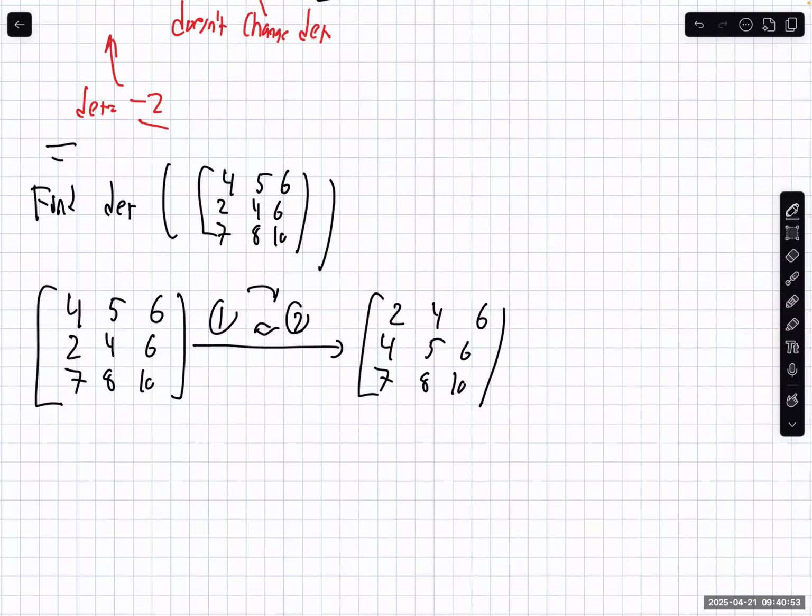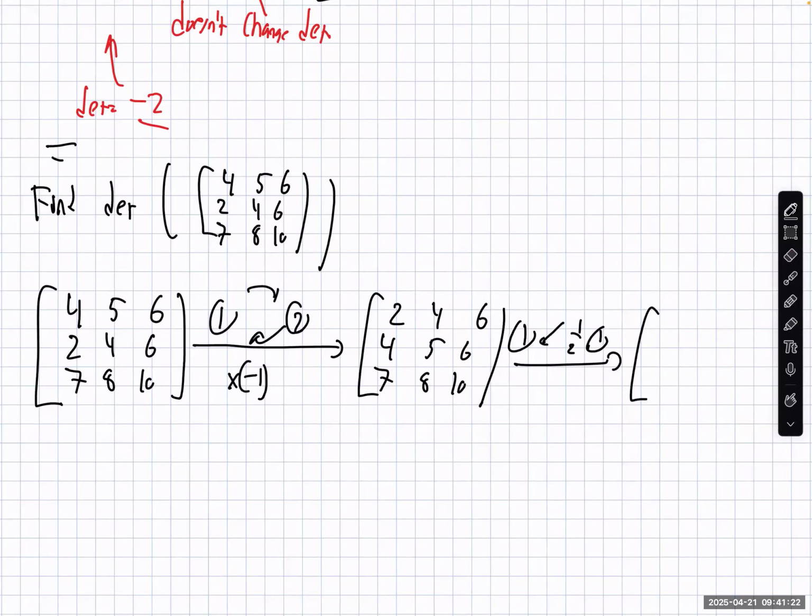Okay. So I swapped rows 1 and 2. And I'm going to keep track of the determinant change here. So when I do a row swap, the determinant gets multiplied by -1. Then we replace row 1 by half of row 1.